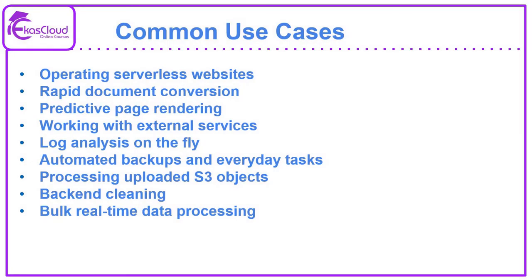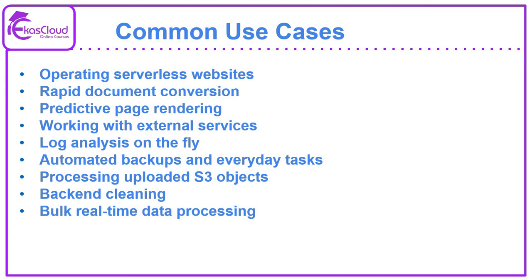Some very common use cases for Lambda include operating a serverless website. It's very good where you need rapid document conversion. So when people come to a website, for example, and they need to convert HTML to PDF, this service is very good for this. It's also very good for predictive page rendering.